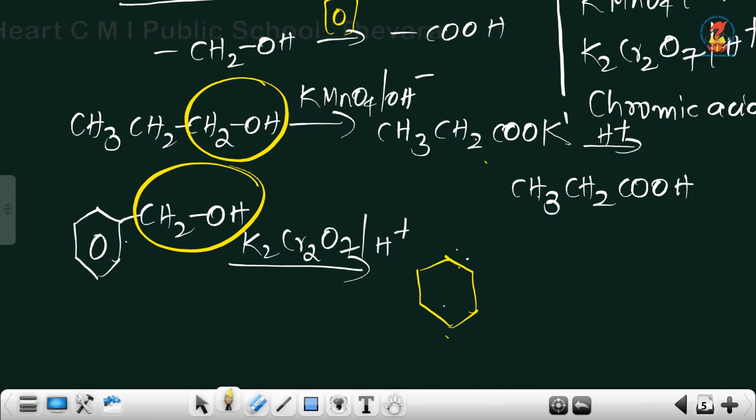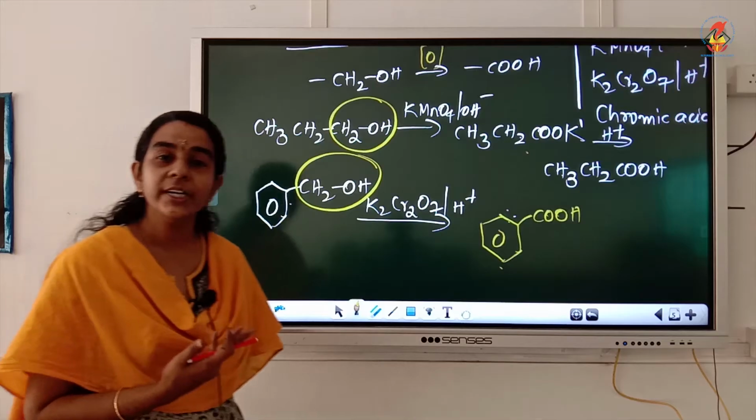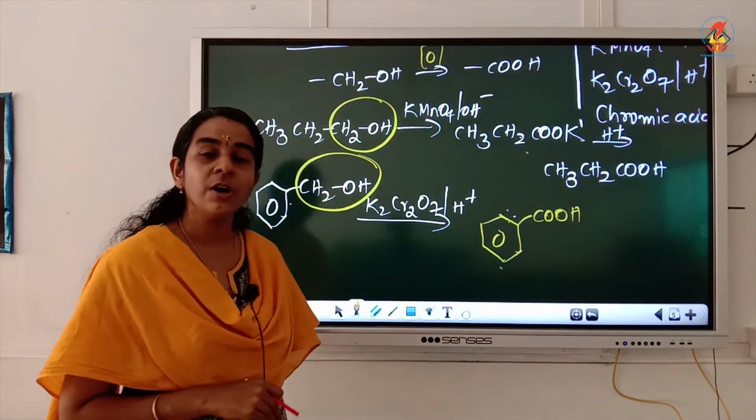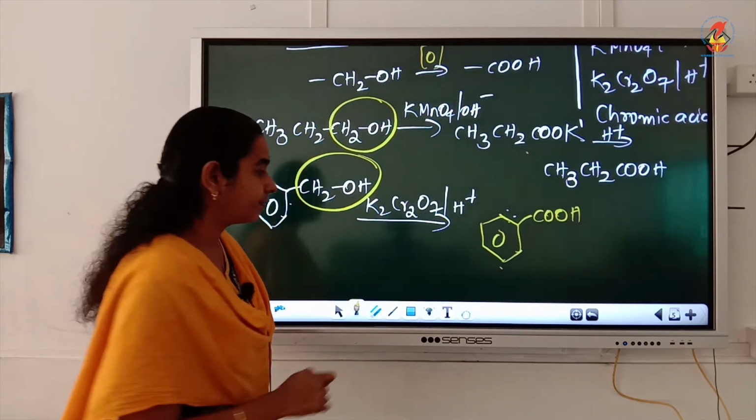So the product will be, we need to replace only CH2OH by COOH. So primary alcohols can be converted to carboxylic acids by oxidation using strong oxidizing agents.